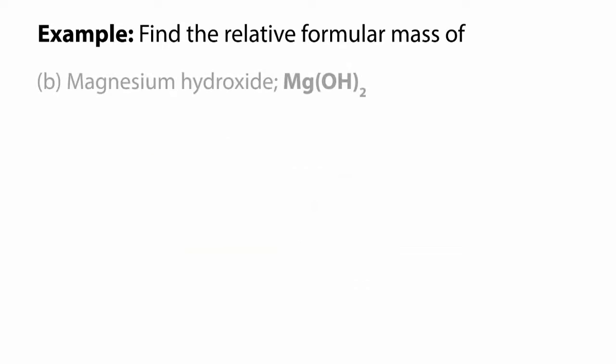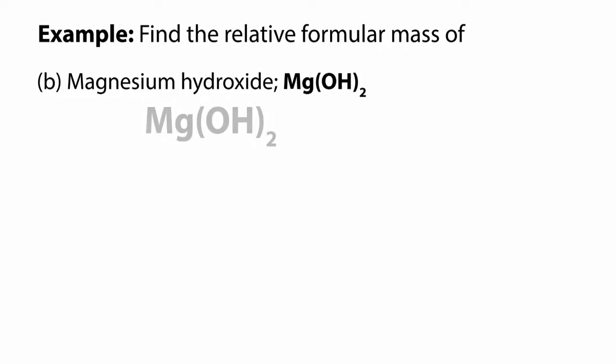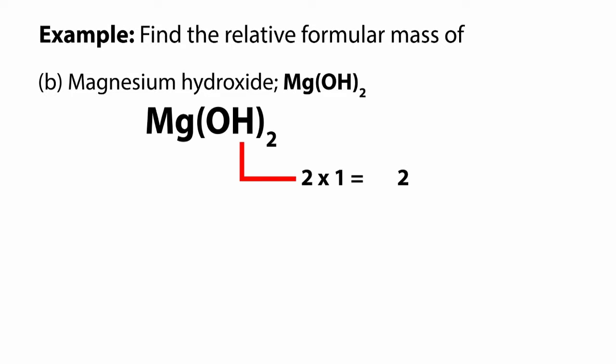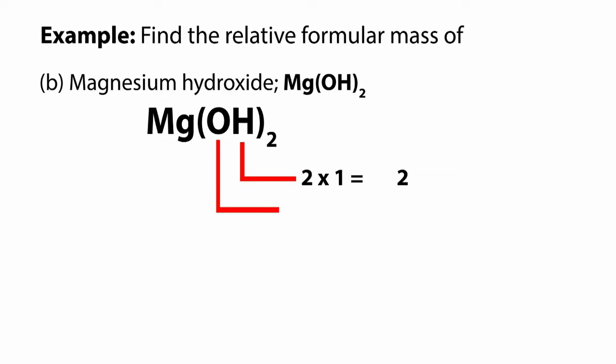The relative formula mass of magnesium hydroxide. If you look at this compound, we have 2 hydrogen atoms. So 2 times the relative atomic mass of hydrogen, giving us 2. And we have 2 oxygen atoms, so 2 times 16, which happens to be the relative atomic mass of oxygen, giving us 32.